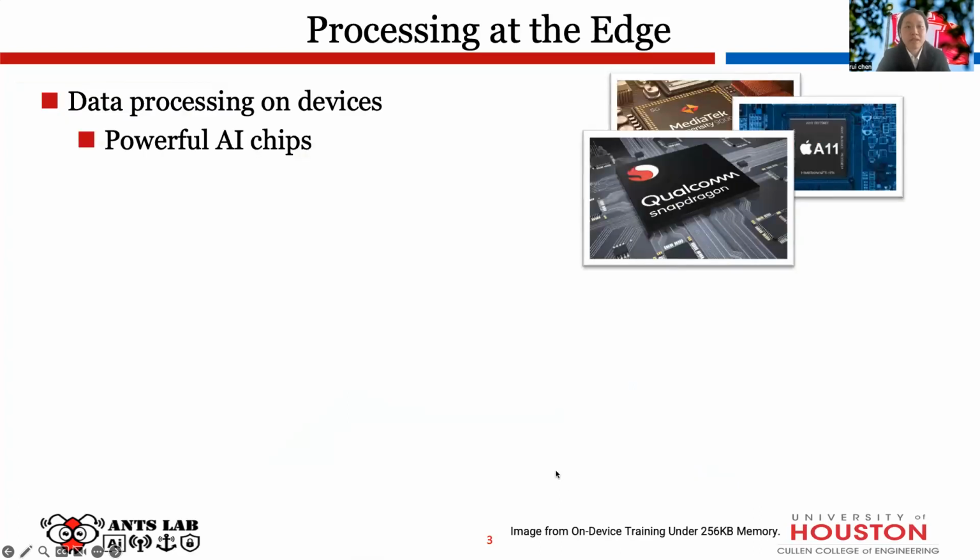And at the meantime, thanks to advanced hardware development, mobile devices such as mobile phones and tablets are becoming more and more powerful, equipped with mobile GPUs and 5G chips. So they have the ability to handle complex tasks, for example, AI intelligent applications.